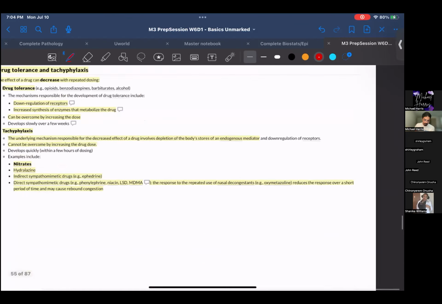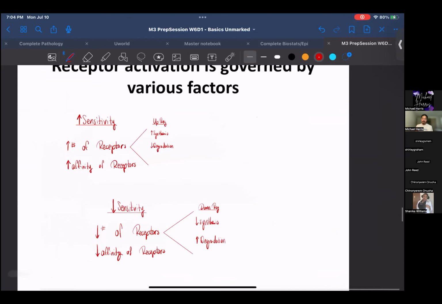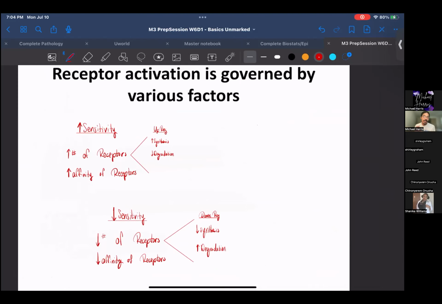Now, regulation. How do we regulate or augment this receptor aspect of things? Because now we're actively at the receptor. So, one, the receptor can become more sensitive or can become less sensitive.